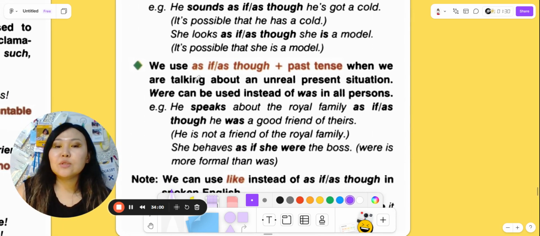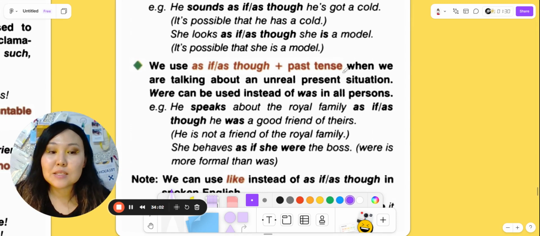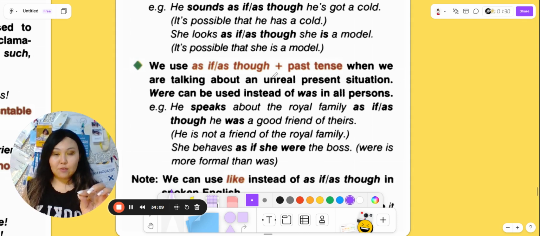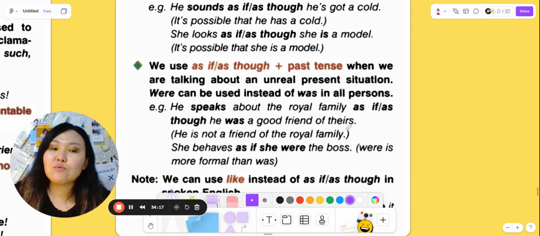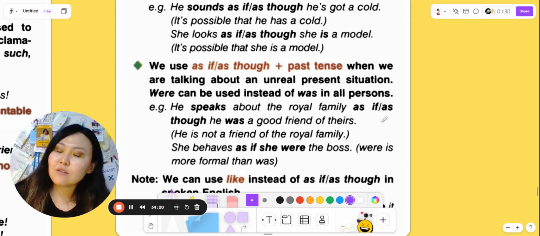Next one. We use as if, as though plus past tense when we are talking about an unreal present situation. Be careful with that. Unreal present situation. It is very similar to I wish and if only. He speaks about the royal family as if he was a good friend of theirs.